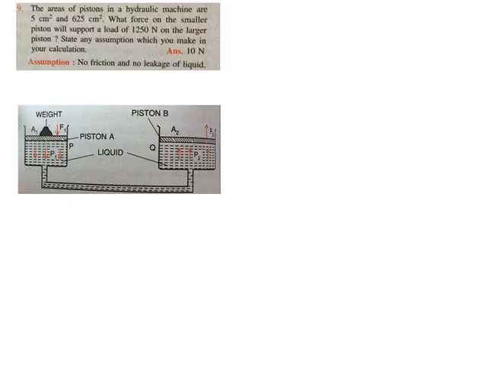Okay, so we can clearly see this picture in here. If we try to mark this piston A as the smaller piston with a cross section area of 5 centimeters square, and piston B as the bigger one with an area of 625 centimeters square.